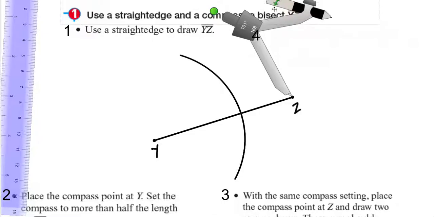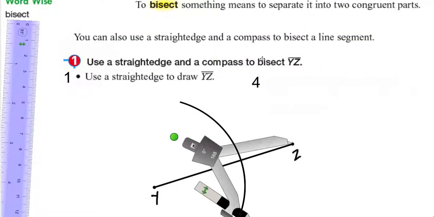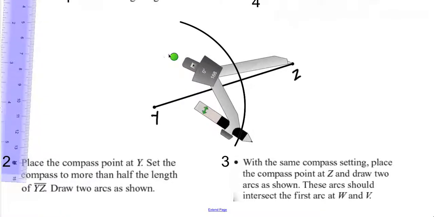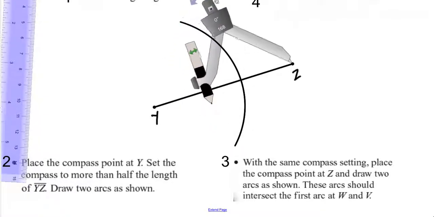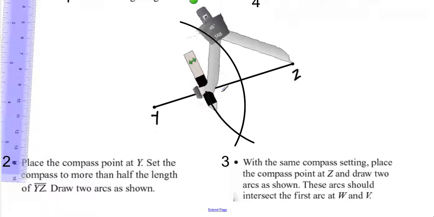I'm going to flip my compass around, then I'm going to adjust it so that it's over my line, and now I'm going to draw my arc. So this is my arc right there.